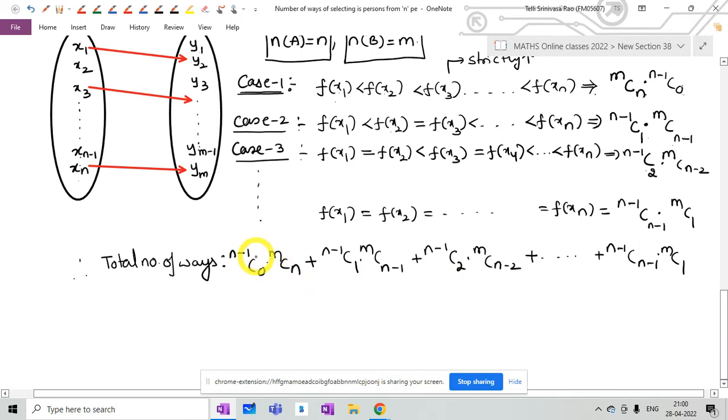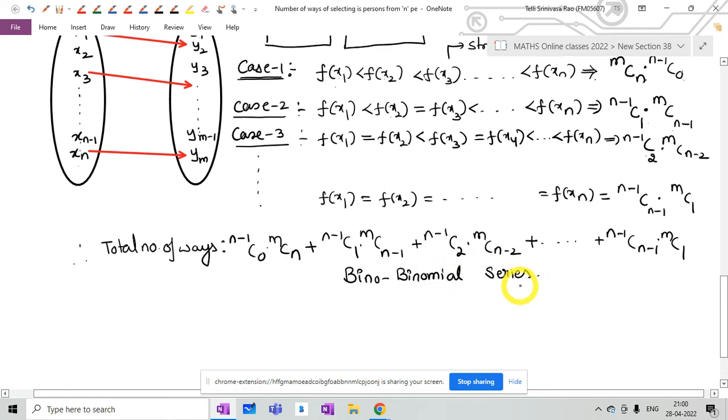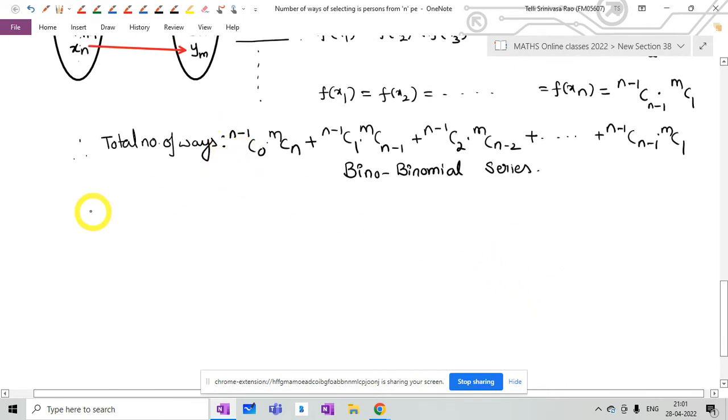So if you observe, it is following a binomial series. Two different binomials are running now, so this is called a binomial series. Which two binomials do we have to consider? The first binomial is (1 plus x) whole to the power of n minus 1, because we have the index as n minus 1.